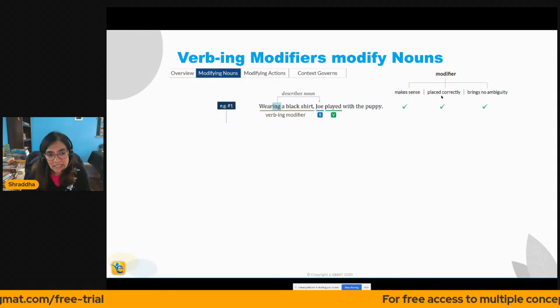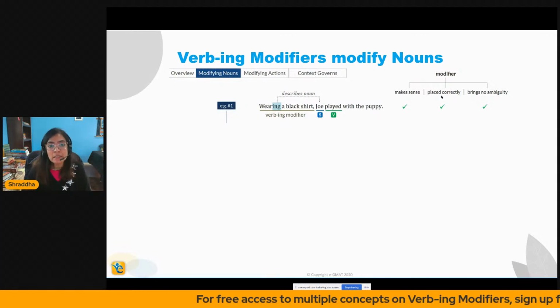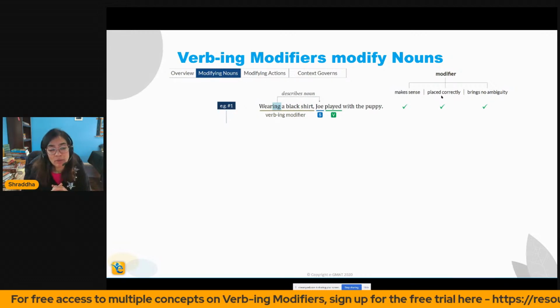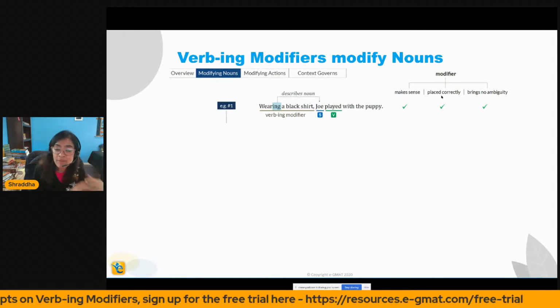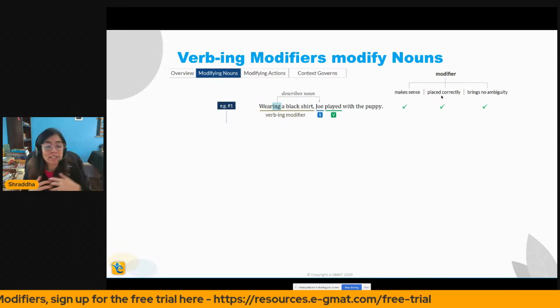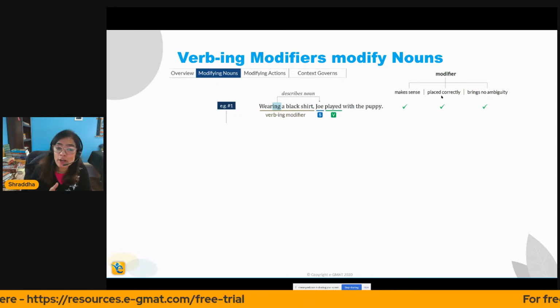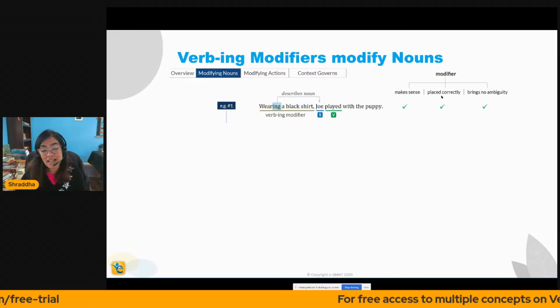Also, in complex sentences, the placement should be correct. If there are 2 clauses and the author is using a comma plus verb-ing modifier to modify one specific clause, then the placement has to be correct, so that the modifier actually modifies the intended clause and not the clause that it does not intend to modify.